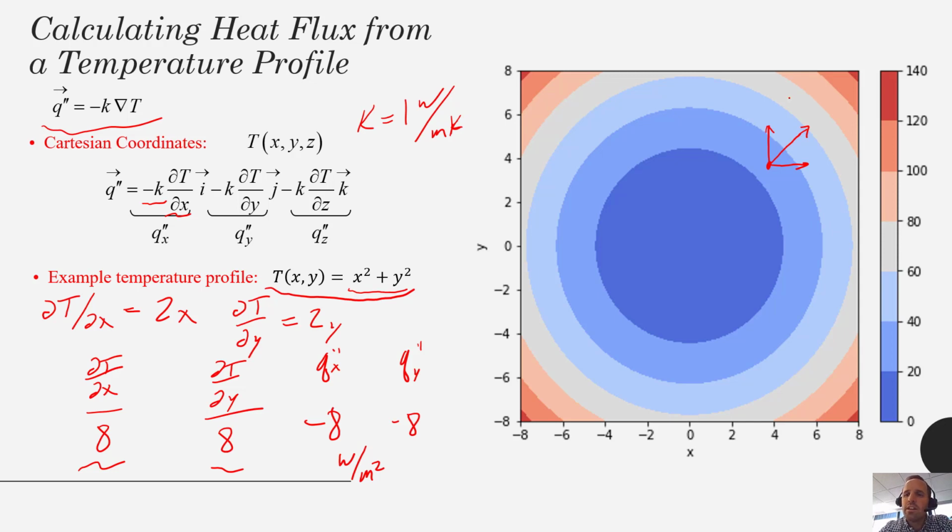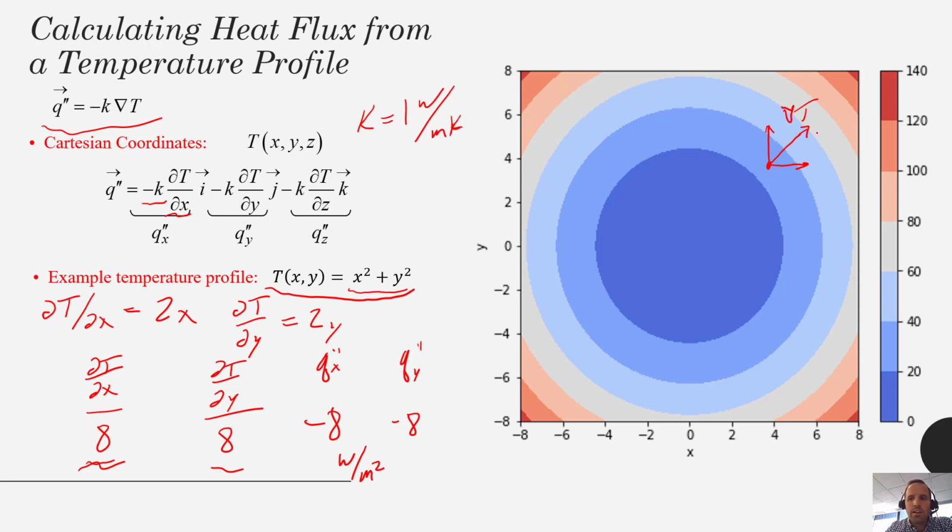So our gradient is pointing uphill, and that is confirmed. The reason those are positive is because they are pointing in the direction of our coordinate system. So with increasing x, our temperature is going up. With increasing y, our temperature is going up. And so together, if you increase x and y when you're out in this region, then your temperature is also increasing.